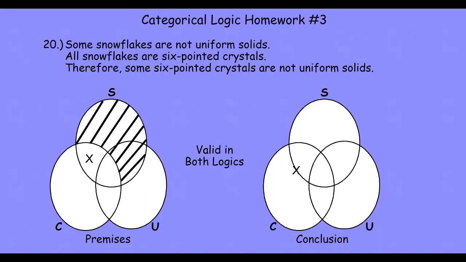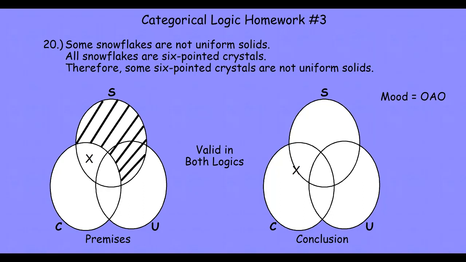Our minor premise says all snowflakes are six-pointed crystals. That is the universal affirmative, a type A statement. So we've got O, A, and our conclusion says some six-pointed crystals are not uniform solids. That is a type O. So we've got an O, A, O for the mood of that argument.